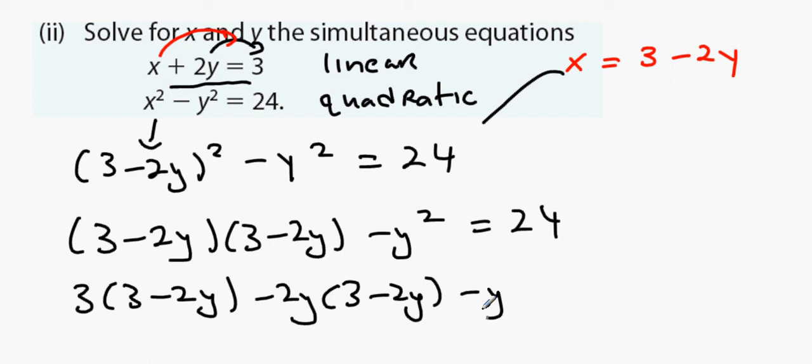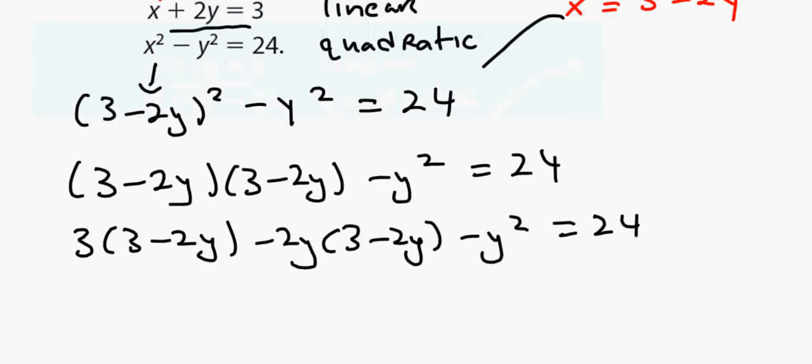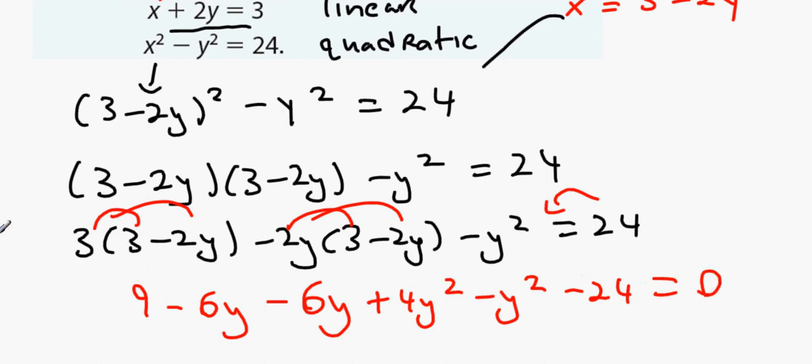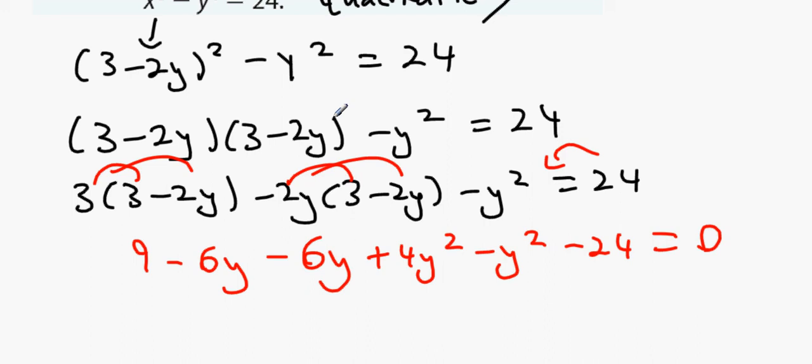Next thing we've got to do is just multiply it out. When we multiply that, we're going to get 9 minus 6y minus 6y plus 4y squared minus y squared. And we're going to bring the 24 over to the side, so we're going to get minus 24 equals 0. Next thing we're going to do is start off with minus y squared.